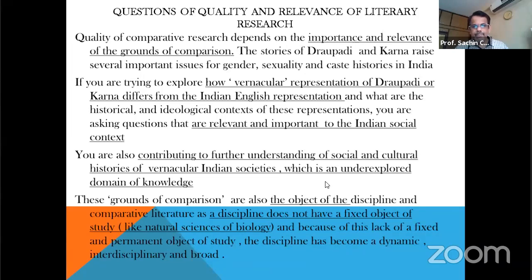But vernacular implies a language situation of inequality, where there is one major language and there is another marginal language that is considered inferior. And interestingly, English language is vernacular in England or America. So we shouldn't be ashamed of using the term vernacular because German, French, Italian are vernaculars.